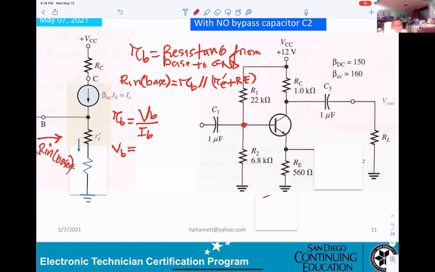VB means the voltage from the base to the ground. Okay, so use a voltage divider. Now, nothing to do with the voltage divider up there. I don't want you to take anything into this calculation. You are looking into here, not related to R1, R2.